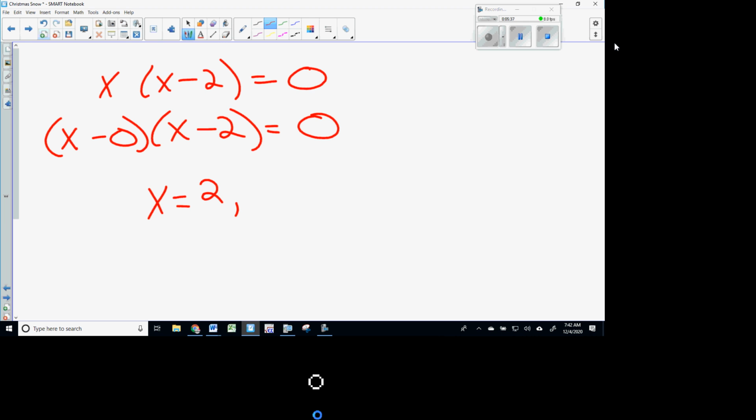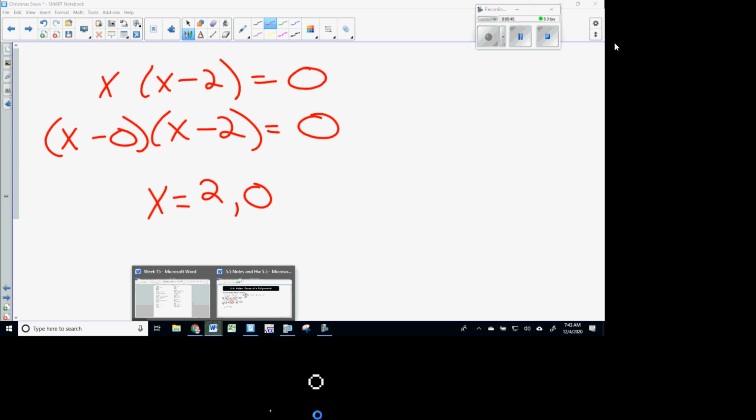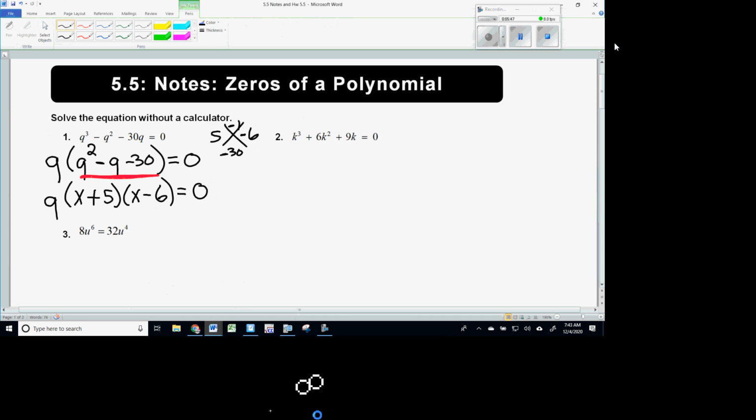X minus 0, what's your x? 0. So when there's just an x there, my answers, and I even wrote x myself, are just negative 5, 6, and 0.